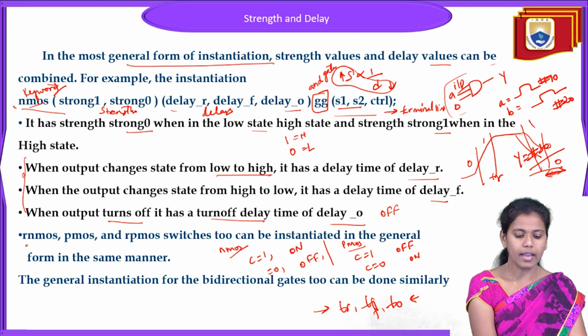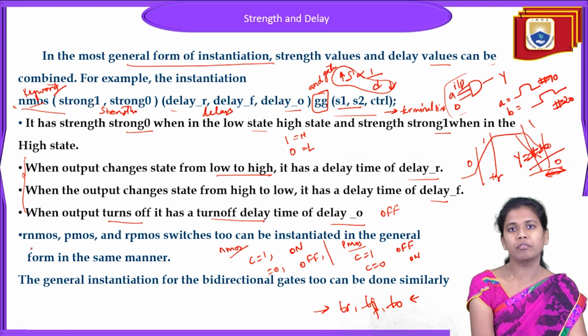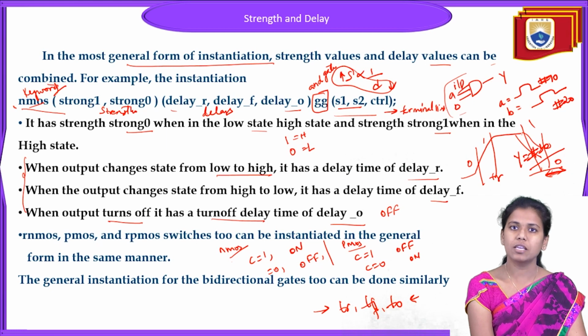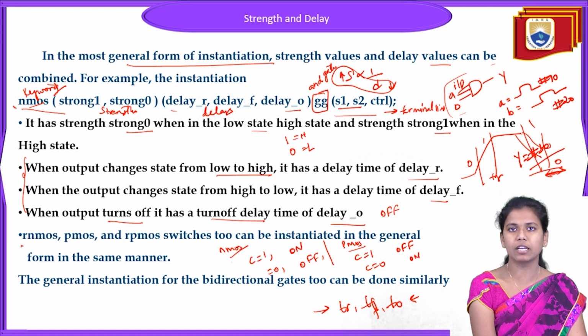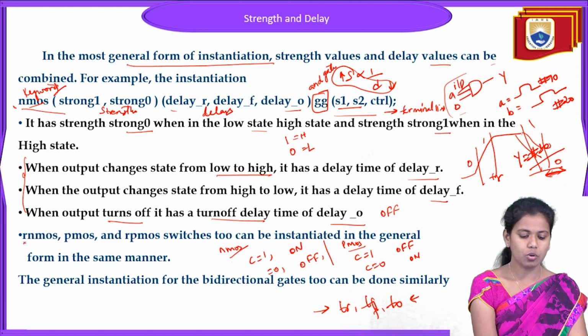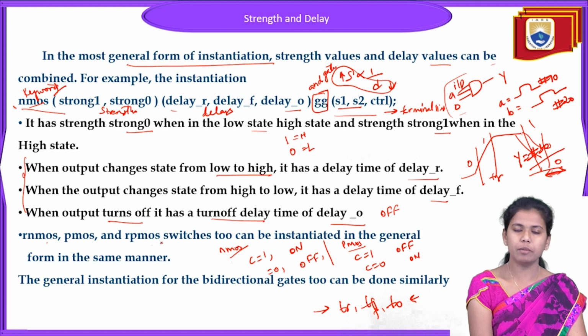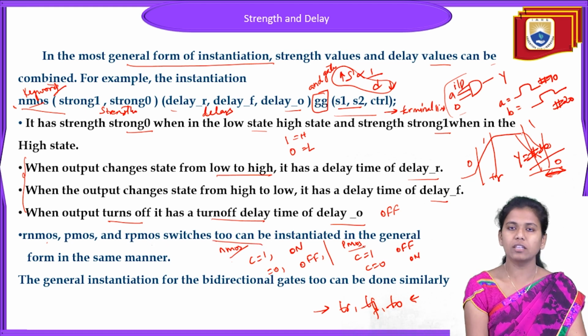And then we have already discussed NMOS, RNMOS, PMOS, RPMOS, CMOS and RCMOS. RPMOS, RNMOS and RCMOS are nothing but the resistive switches. When it comes to the switching mechanism, both hold the same mechanism, but the representation differs for the resistive switches. So RNMOS and RPMOS switches can be instantiated in the general form in the same manner.